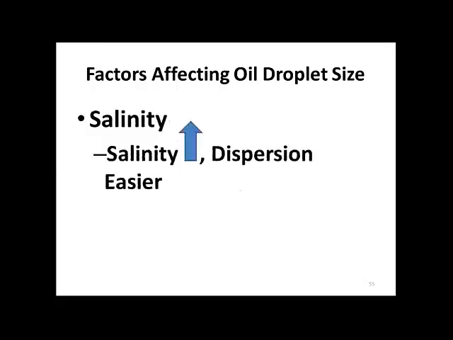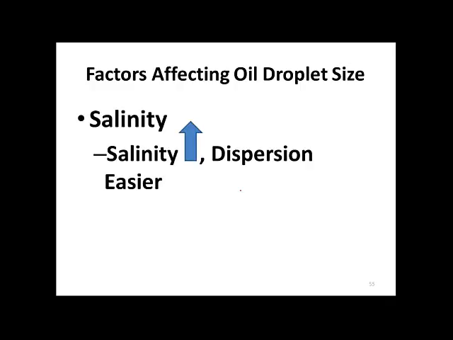Now, here's a little bit of an odd thing, that as salinity increases, dispersion gets easier. Okay? So if you have fresh water, dispersion is harder than it is in salt water, in seawater. And that's because the ions in seawater actually make it easier for the oil to disperse.